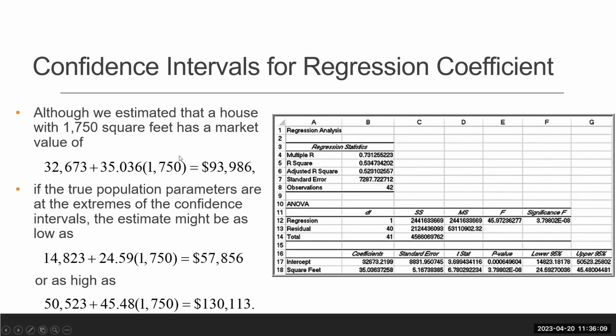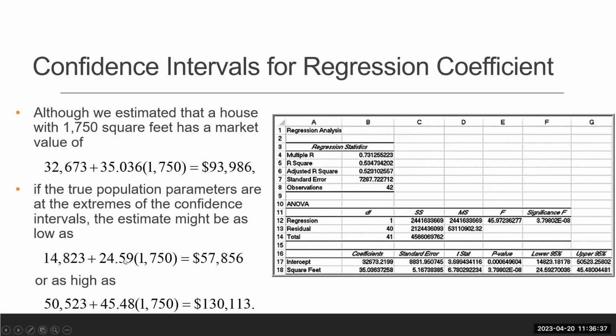So if you're a real estate agent using this model to predict what the market value would be just by measuring the area of the house, you could say definitely that we think it's going to be $93,986 as the market value, but using this confidence interval, you can say that it's going to be plus or minus.